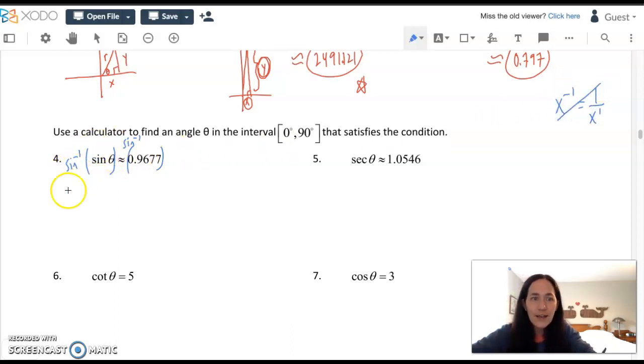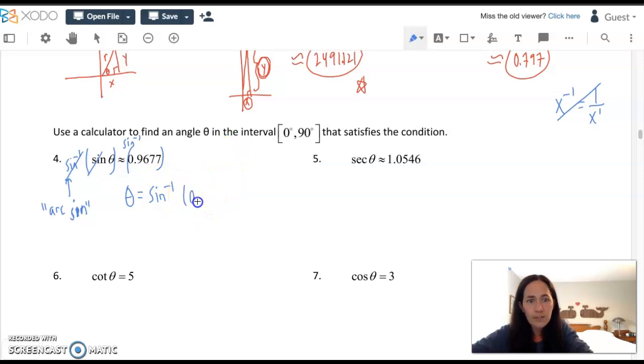The inverse sine, or sometimes it's called the arc sine. In pre-calc and calc, you'll sometimes call it the arc sine or the arc cosine, meaning the arc or angle, right? These two cancel with each other. All you're left with is theta, and your calculator is going to give you the theta value where the 0.9677 would be your sine.